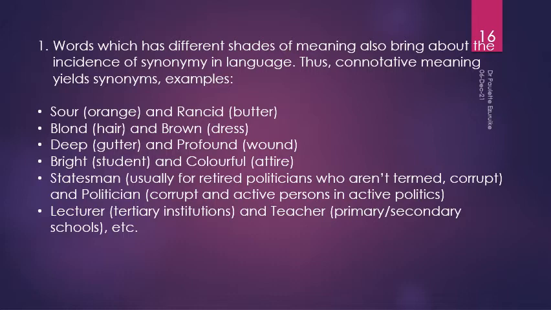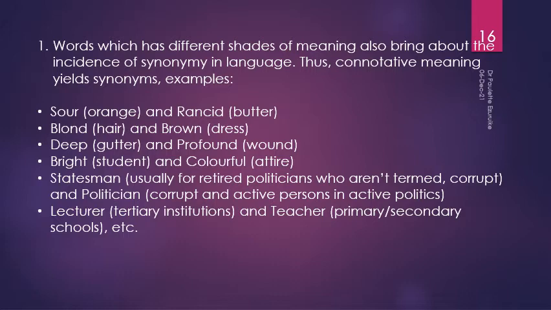We also see it in the color brown. We can use brown to denote the color of our dress, the color of our book, the color of a table, but not the color of hair. We talk about blonde hair when the hair is brown.